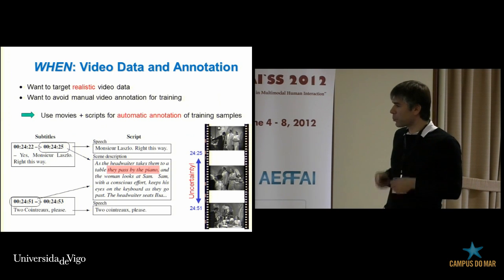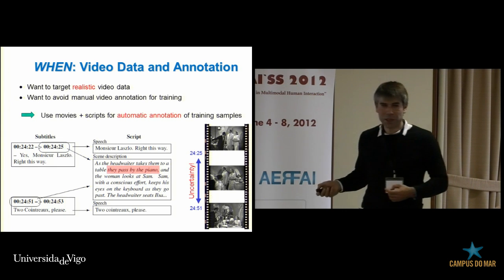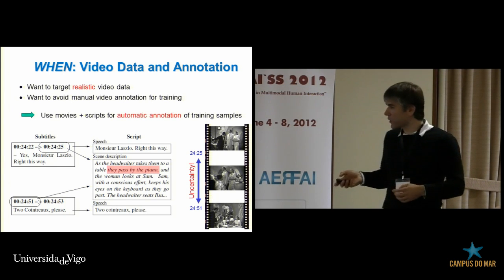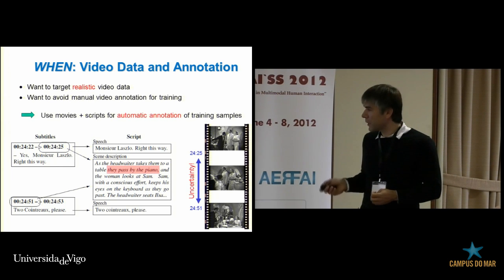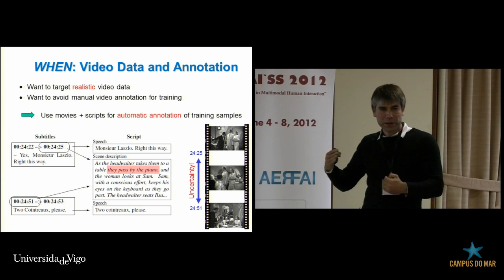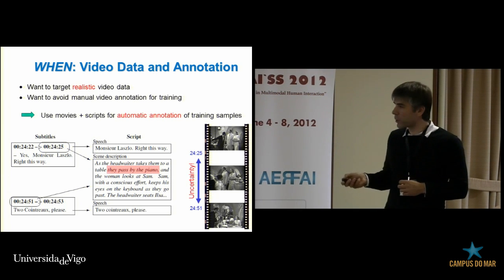The problem which we faced was to address the temporal uncertainty in the annotation. I've mentioned that scripts, which are great and provide additional information, have drawbacks, and one of them is that we don't know exactly when the action has happened. The temporal localization is provided by subtitles here, and this may be very imprecise.